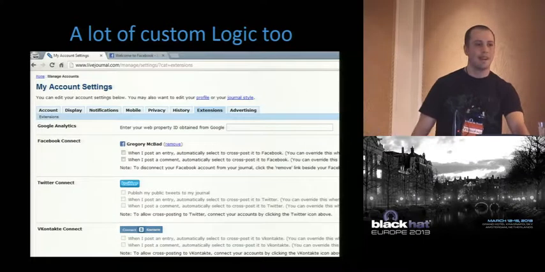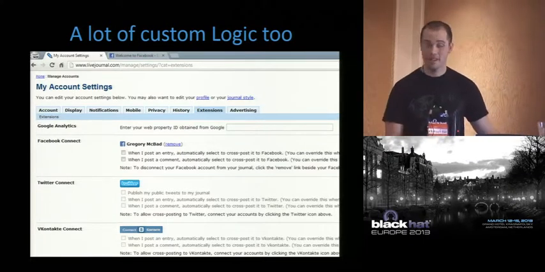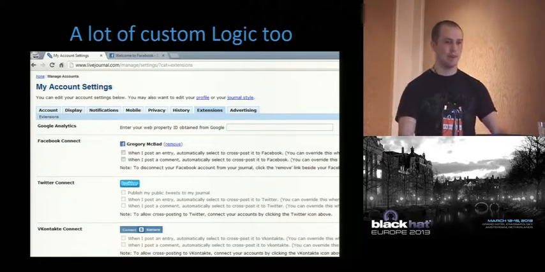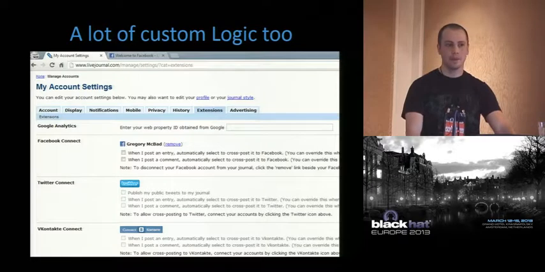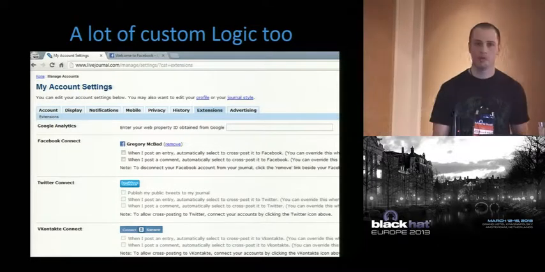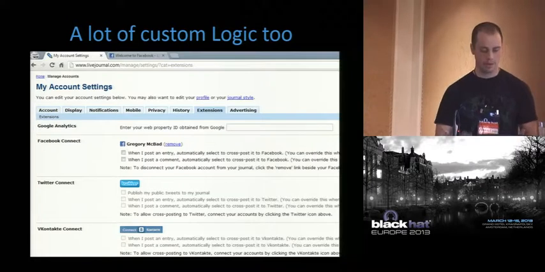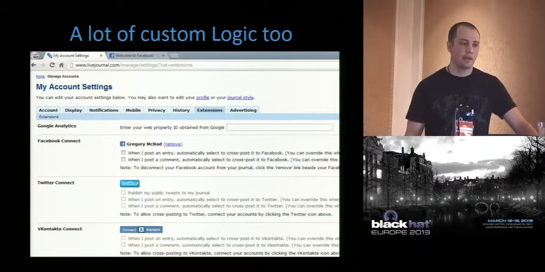There's a lot of custom logic too. I've talked about this account association thing, and that's the worst thing you can do, right? If I want to own an account, the worst thing you can do is take over their account. But there's tons of custom logic that we use OAuth for. Actually, these aren't vulnerabilities, they're just because I didn't really focus on looking for these. This is just functionality I stumbled across.